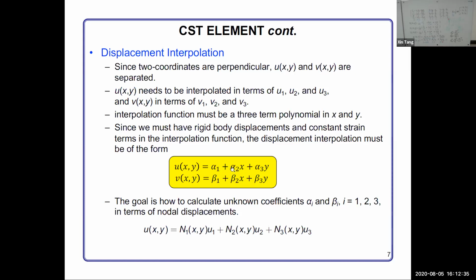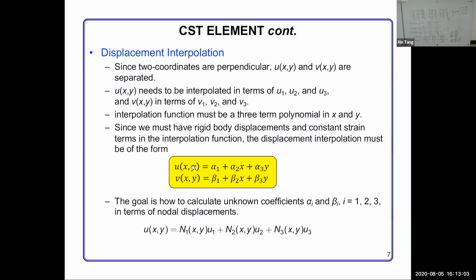We can express alpha1, alpha2, alpha3, these three unknowns, in terms of the known values. What is known in this case are the coordinates x1, y1, x2, y2, x3, y3 of the three nodes, and the displacement on each node.